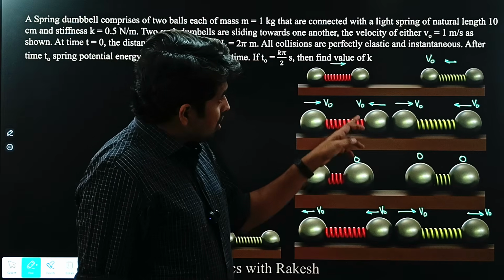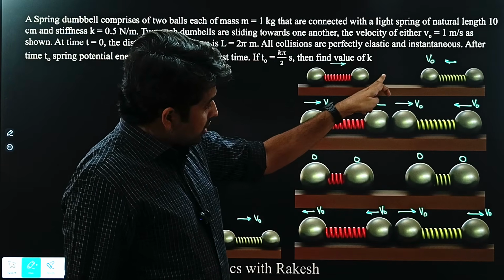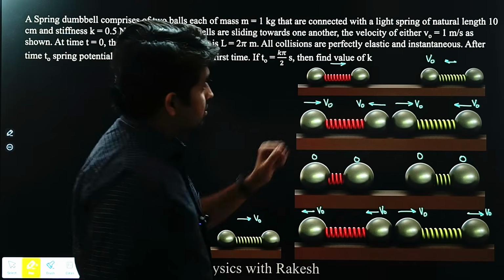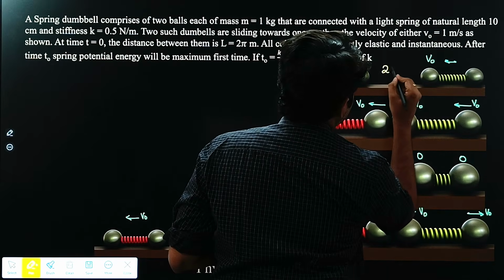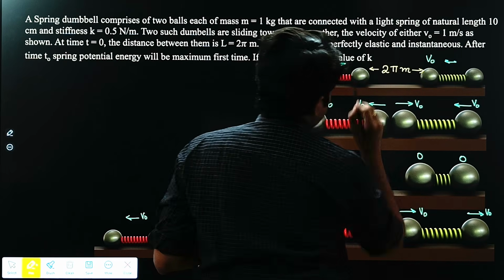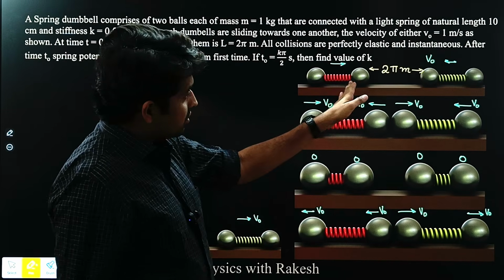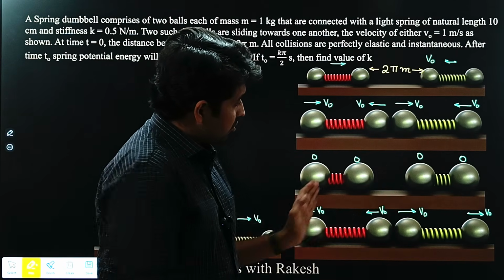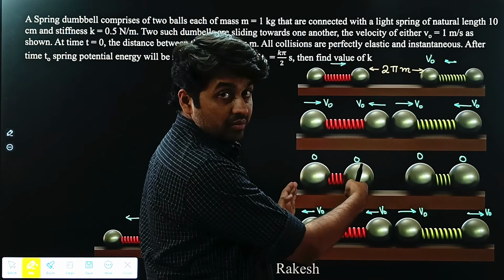What he's asking is the time taken from here till the spring potential energy becomes maximum. He has given us that this distance is 2 pi meters. So the time is first the time for them to come here plus the time for it to compress till here.